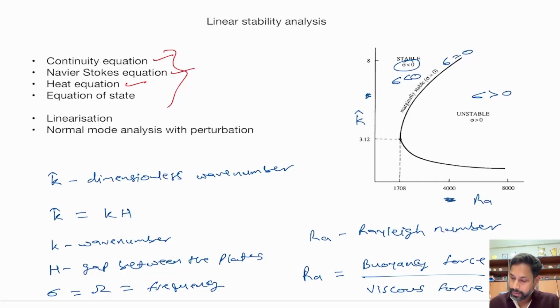So what you see here is that the analysis is done based on the sigma value. In this zone, when it says stable, this is basically the conduction zone, right? So when sigma is smaller than 0, heat transfer happens only in the form of conduction and there is no fluid motion.